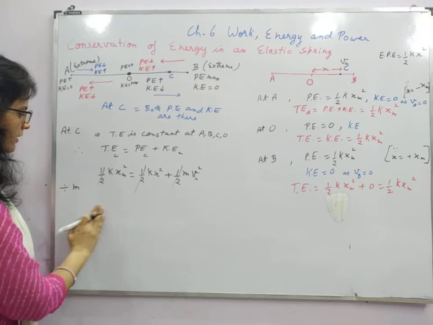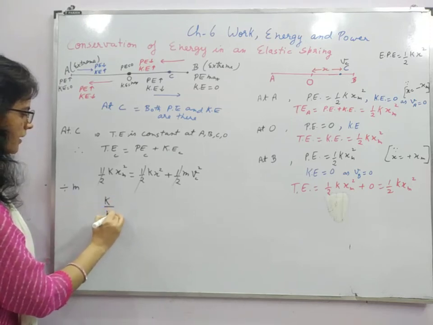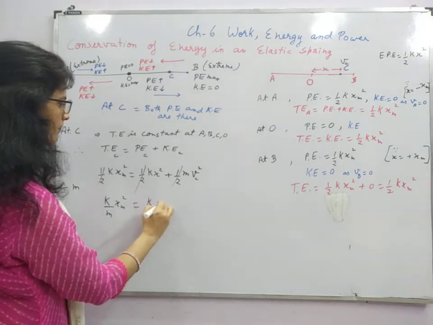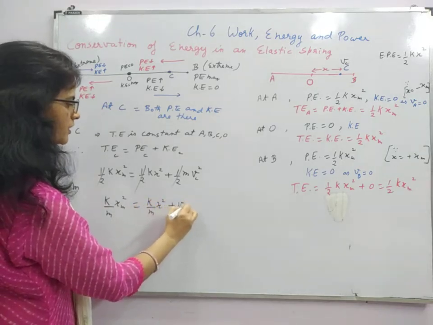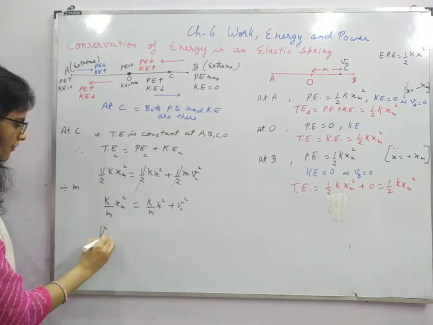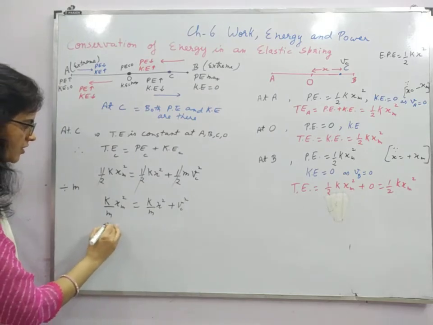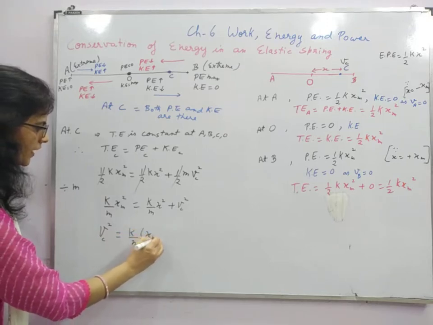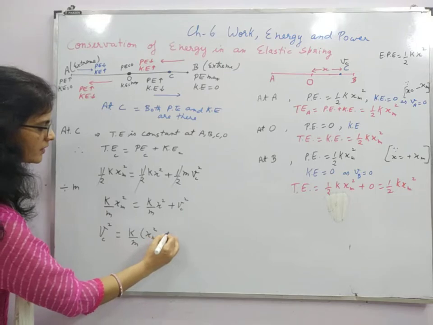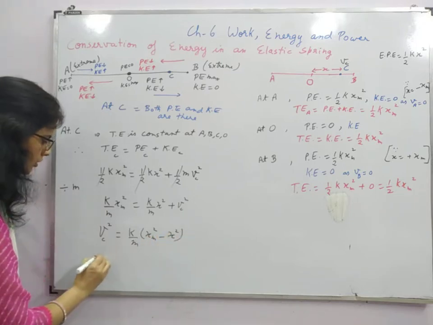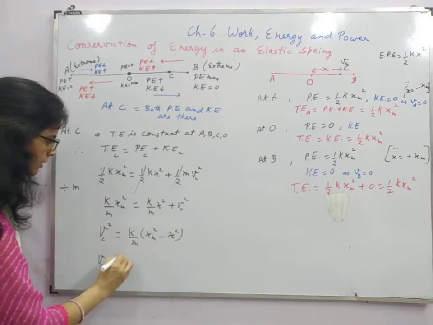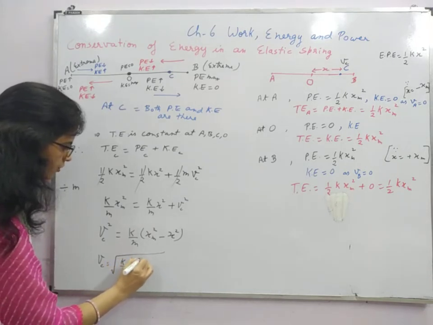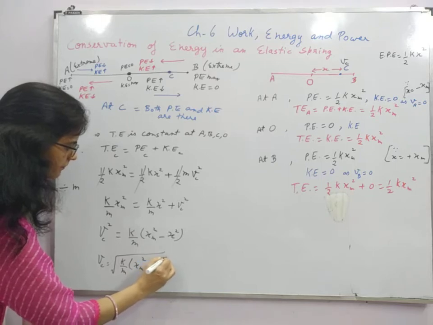So this gives k upon m xm square is equal to k upon m x square plus vc square. So from here, the velocity at any arbitrary point C, vc square, is equal to k upon m times xm square minus x square.